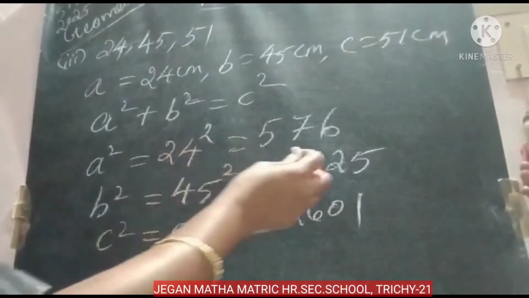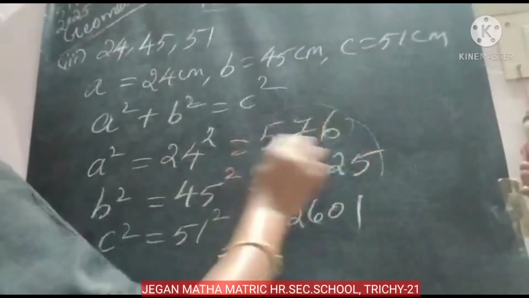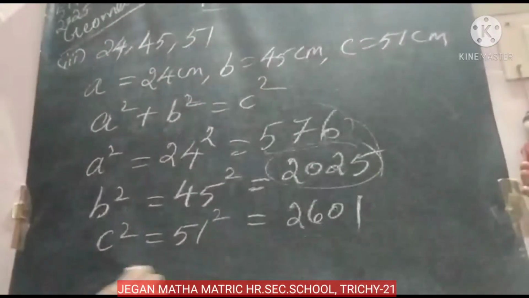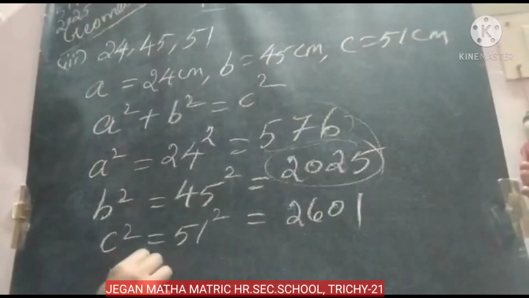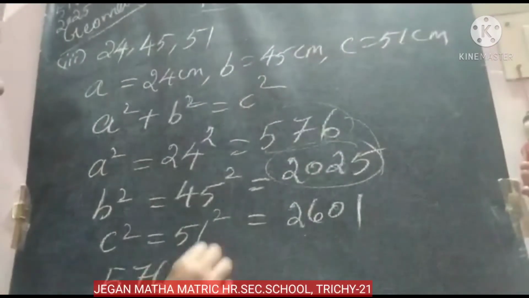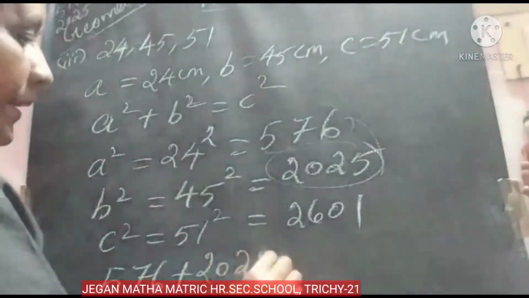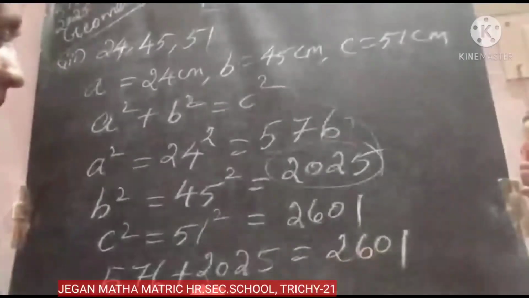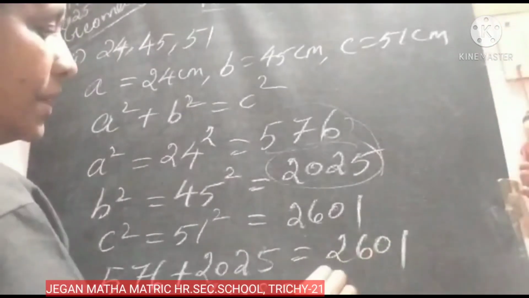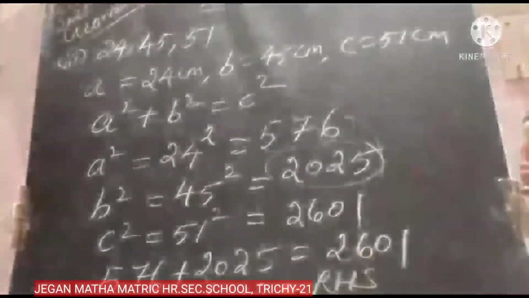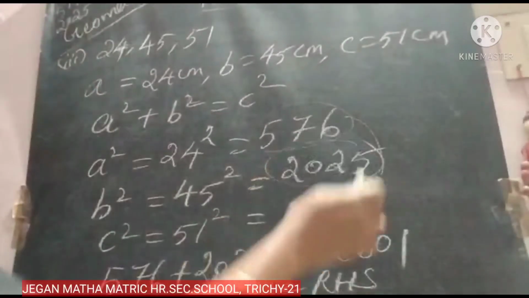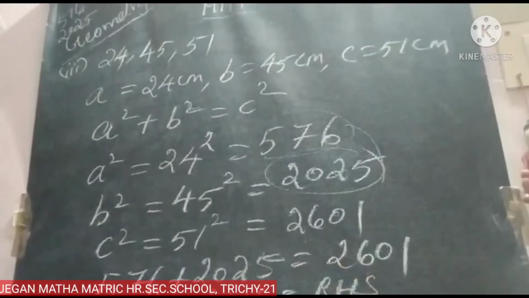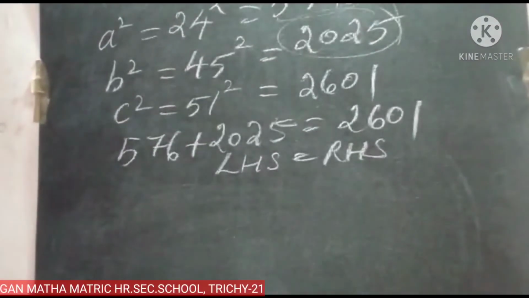Now you have to check, you have to add these two. A square plus B square: 576 plus 2025 equal to 2601. That is LHS equal to RHS, both are equal. You have to check by adding, and you will get the same answer, 2601.